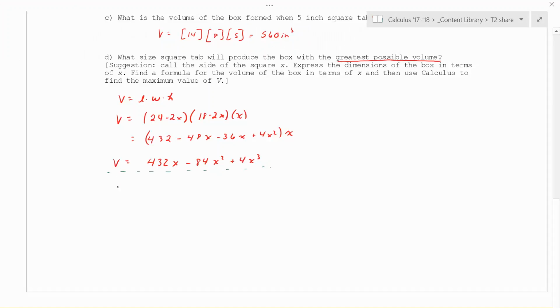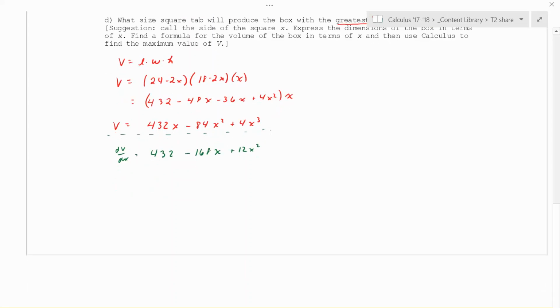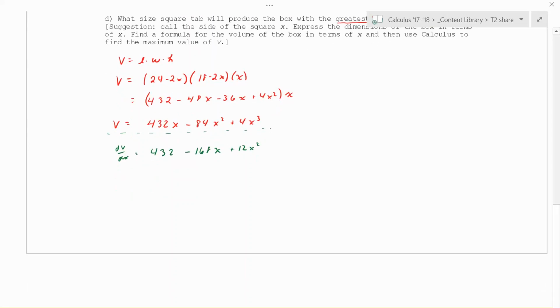So my derivative dV/dx is equal to 432 minus 168x plus 12x squared. I'm going to set that equal to 0, and I'm also going to rearrange it so it looks like a quadratic equation, a comfortable quadratic equation. So 0 equals 12x squared minus 168x plus 432.